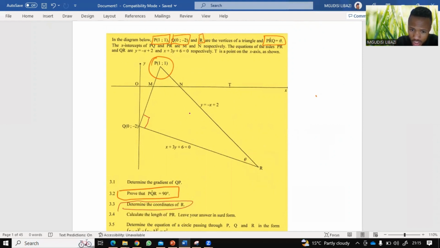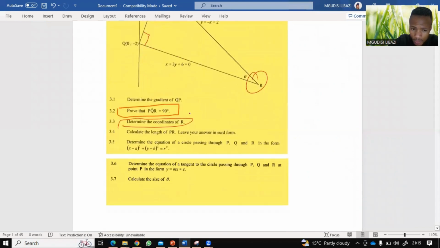We want those coordinates. We can see that the coordinates of R are where this line, which is PQ, and this line, which is QR, meet. They intersect there. So if those two lines intersect, we have to equate the Y values in order to get the X value.